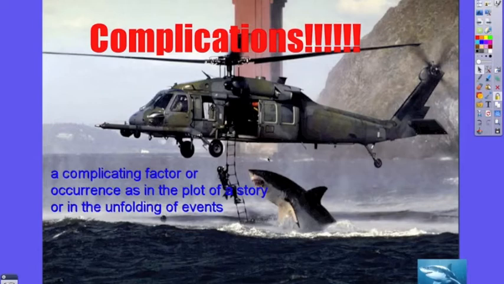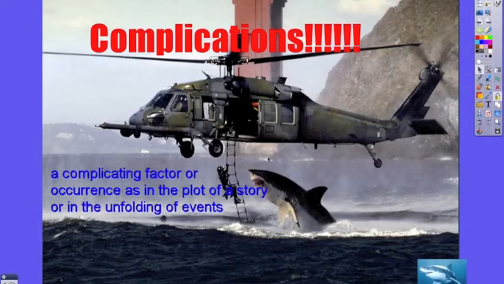The girl with the love triangle has two guys that she likes, and then she hears a rumor that maybe neither one of the guys likes her. Well, that would be a complication. The guy on the mission to go into this military base, if he finds out that instead of 7 guards outside, there's 42 guards outside, that would be a complication.